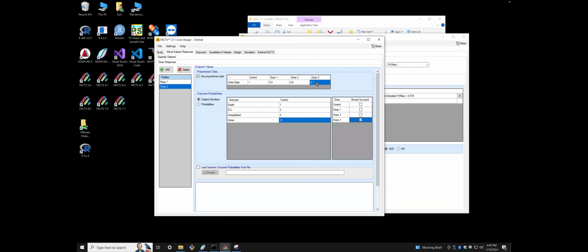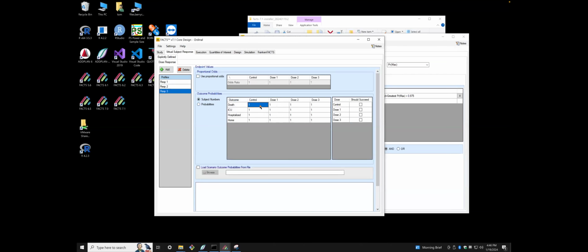Say this third one here is the one I want to be successfully selected, and I can check what the probabilities look like under the simple proportional odds model. And maybe I want to add one where things aren't quite as simple as the proportional odds.